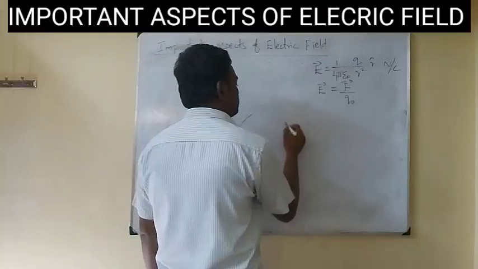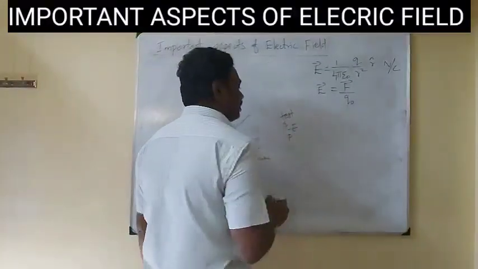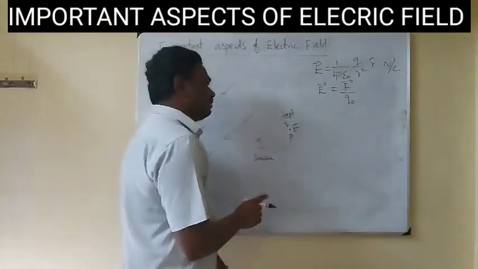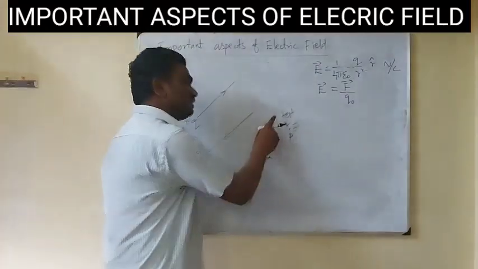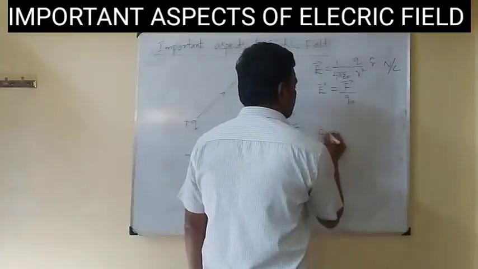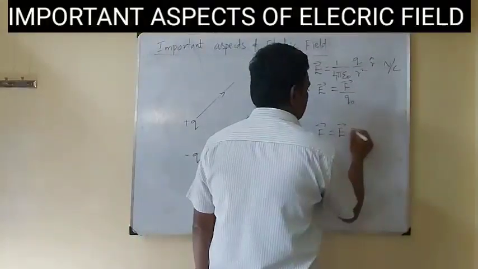Here the charge at the point P is called the test charge. The electric field at the point P is E. The force experienced by the test charge is F vector is equal to E vector into Q naught.